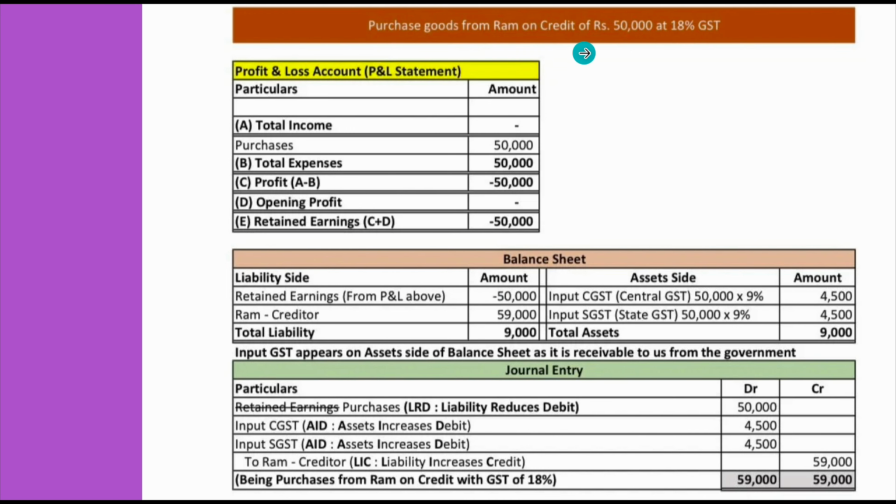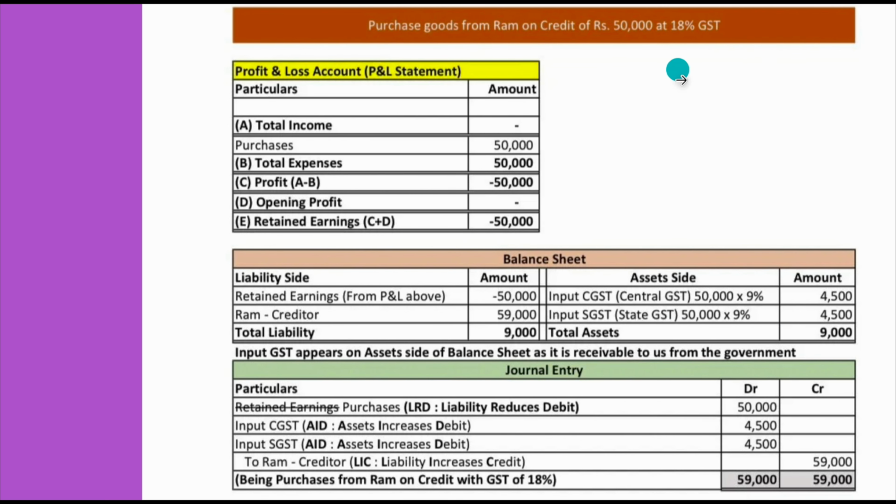Since it is a purchase on credit, there is no immediate cash outflow and thus Ram creditor is created to the extent of 59,000, that is 50,000 plus 18% GST, as the amount is payable to the party from whom the company is making purchases. Now input CGST, central GST, is 50,000 into 9%, 4,500, and input SGST is 50,000 into 9%, 4,500.